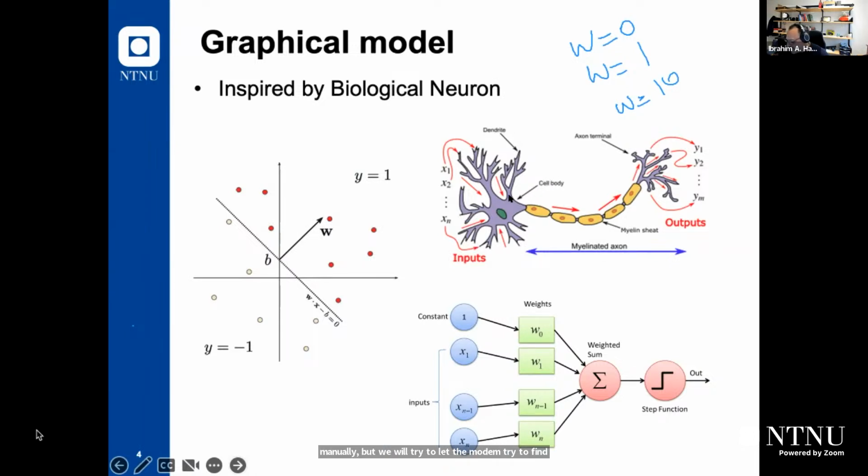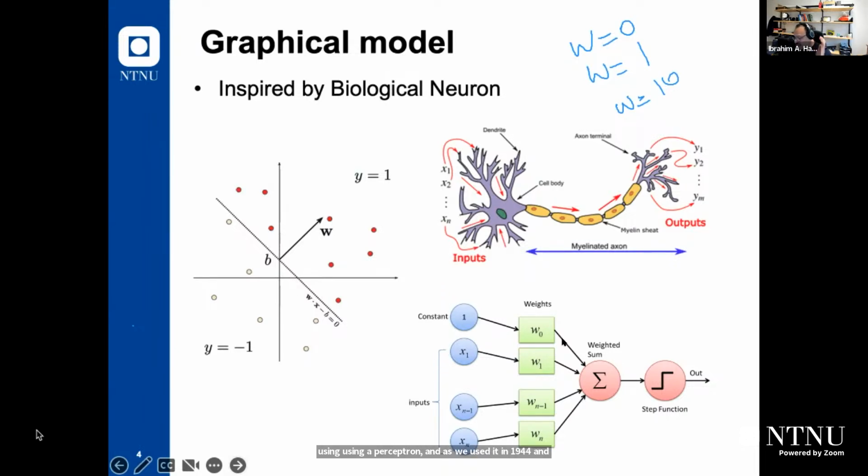So in this cell body, it will calculate this weighted sum, omega multiplied by x, and after that it will maybe apply some activation function, make a decision, and send it to other layers or other neurons using those axon terminals. Anyway, it's inspired by the biological neuron, and they modeled it using a perceptron, and they used it in 1940 in many applications.